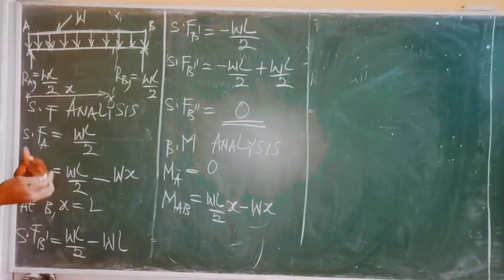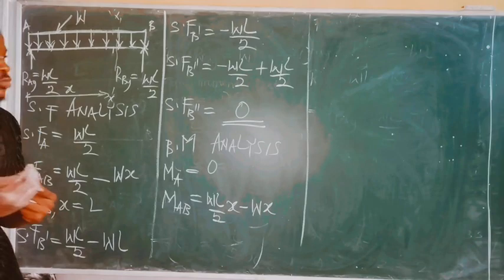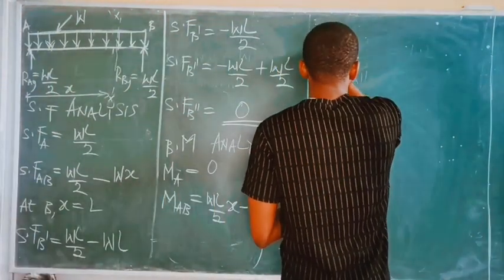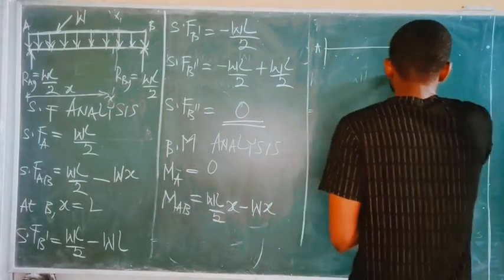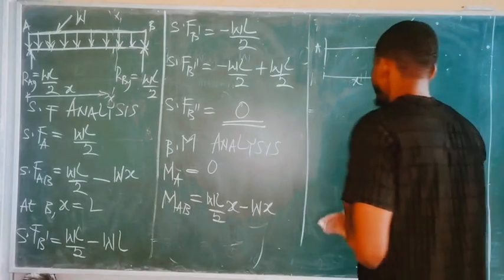After converting a UDL to a point load, I always say place it at the middle of the length. So let's say this is point A, and this is the point of section XX, and the distance from point A to the point of section, like we said, is simply X meters.